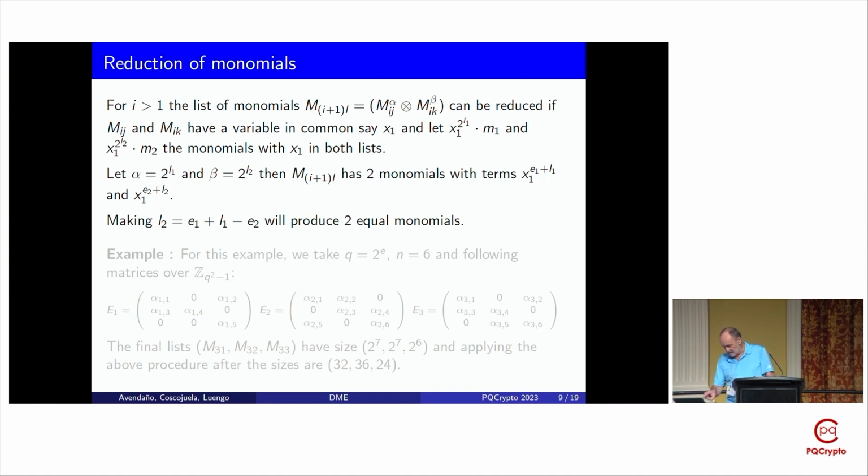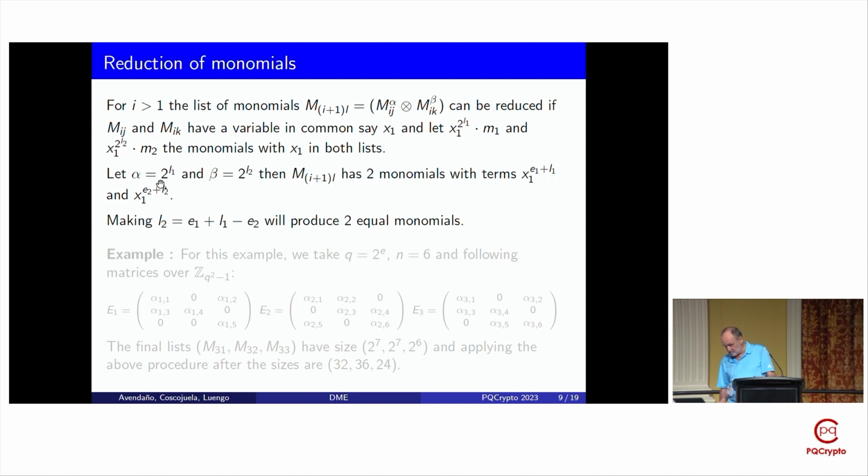The algorithm works if, in the two components that you are going to multiply, you get one common variable. For instance, this is in one monomial we use x1, this is in the other monomial, and then for the product you will get something like that.